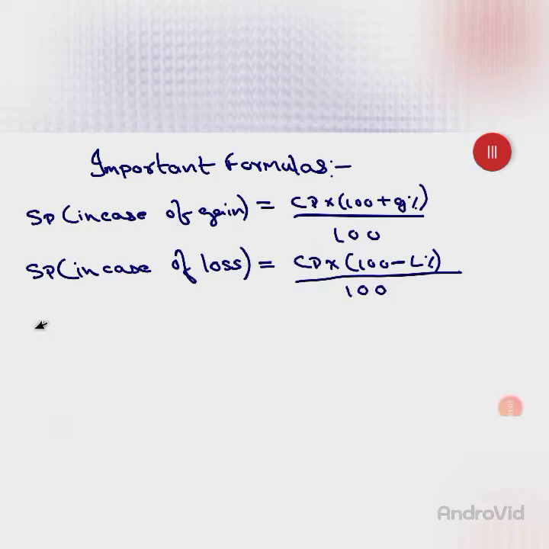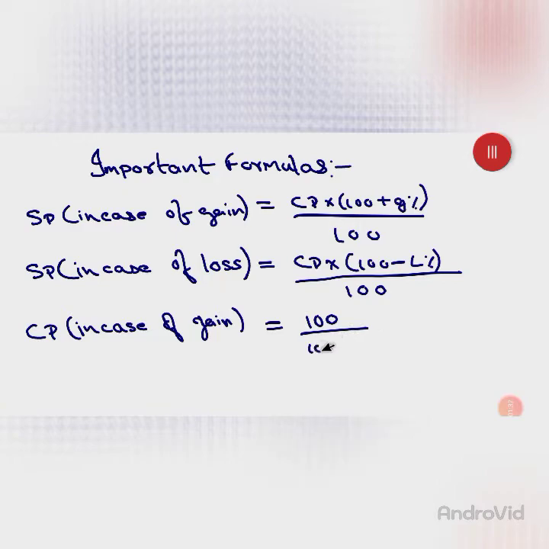Now cost price in case of gain is 100 divided by 100 plus gain into selling price.